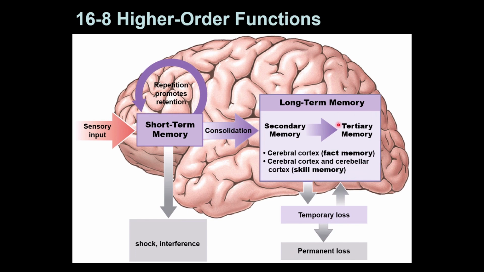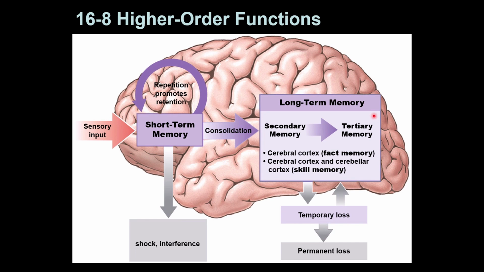And tertiary memories are important events that happened during childhood, or other important events that have been repeated many times, and that stays there for a longer period of time. They are stored in different parts of the brain.